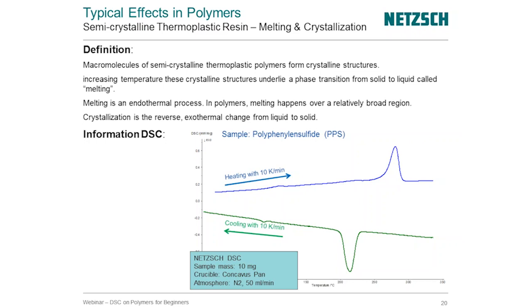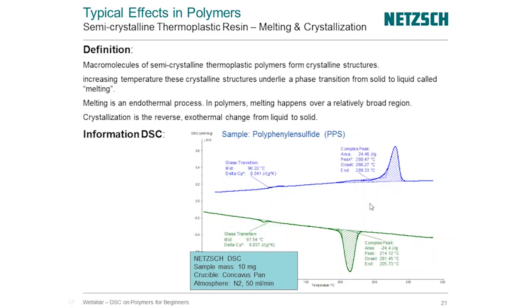So here we look at this PPS material, polyphenylene sulfide. We're heating up at 10 degrees a minute. You can see there's a transition here, and we'll define that in a moment, followed by a large transition here. You can guess what this is, because that's the direction we're going with semi-crystalline materials: the evaluation, for example, of the melting point.